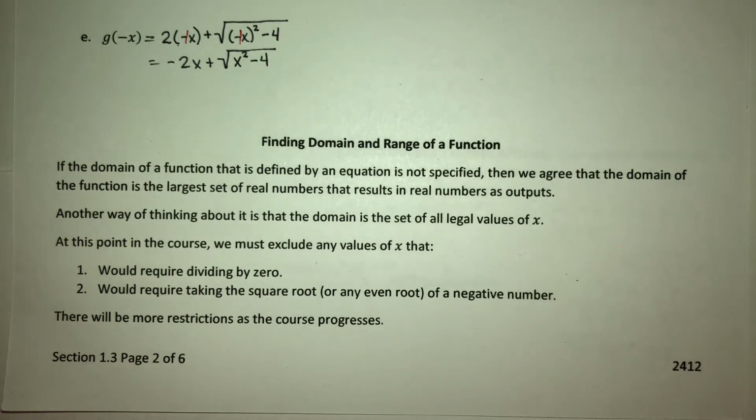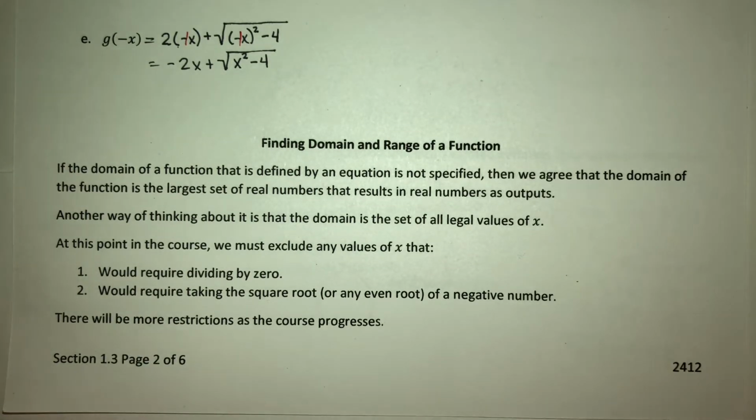At this point in the course, we have two things that can go wrong with x. We have to make sure that no value that we plug in would ever require us to divide by 0, because that's not going to be allowed. And we also have to make sure that no number that we plug in would require that we take the square root or any even root of a negative number.